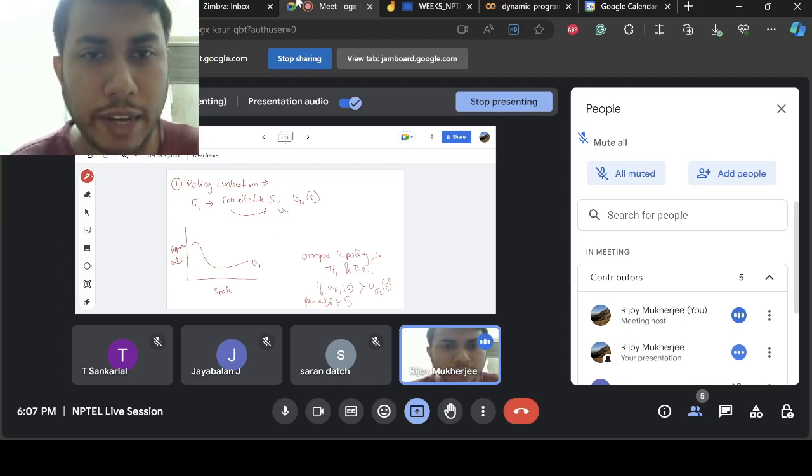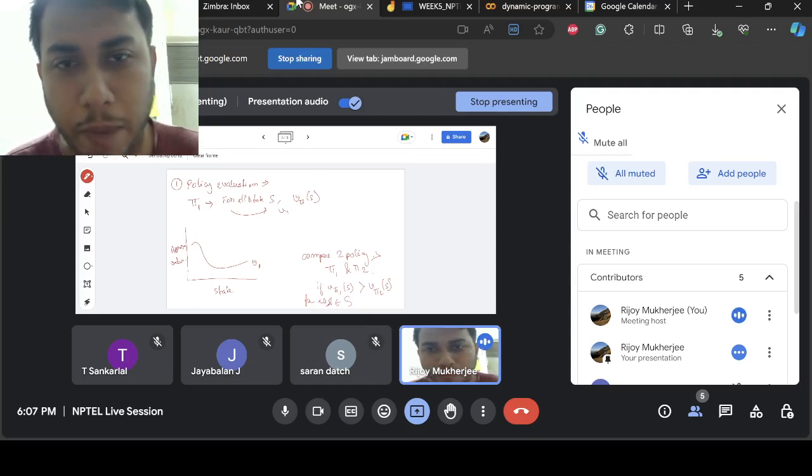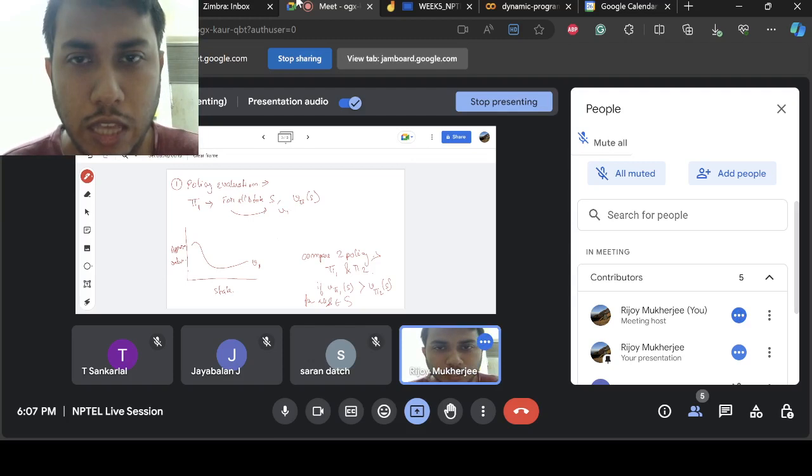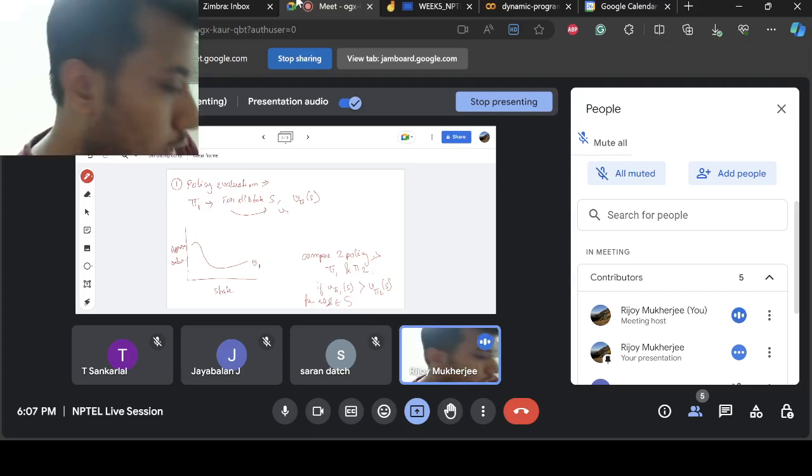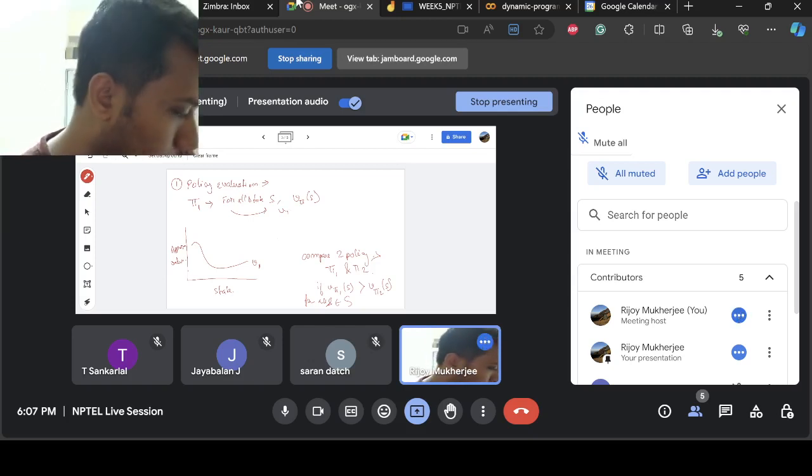Now, you have selected a random policy pi 1 whose value function, let's say, is v1. You want to improve this policy.